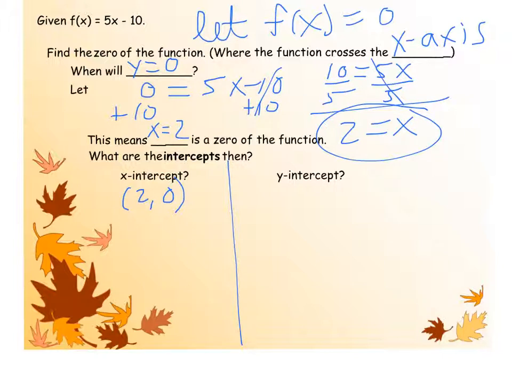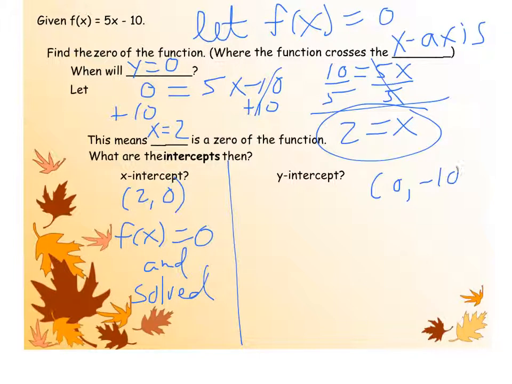And once again, I found that by setting f of x equal to 0, and I solved. That's what I did on this slide. The y-intercept is 0, -10, and to find this, I would plug in 0 for x.